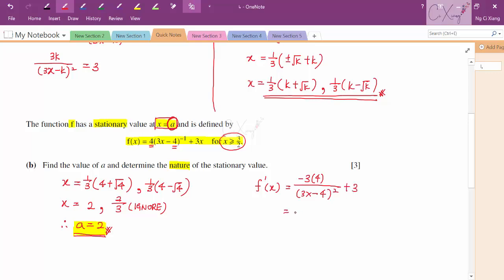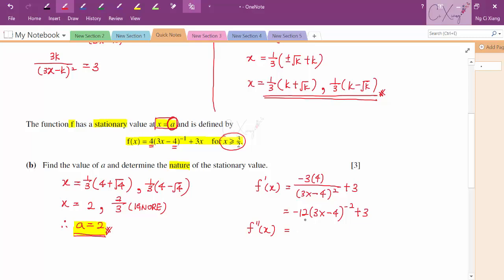If I rephrase it again, this is what I have. Now I want the second derivative.